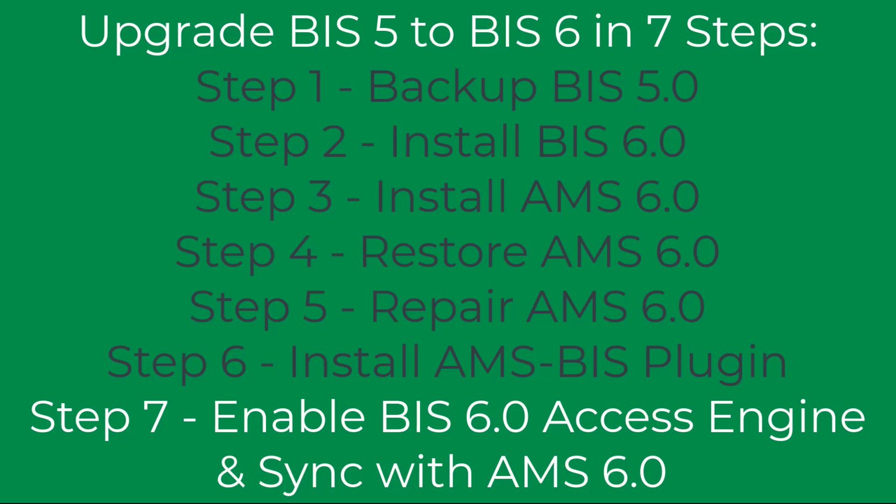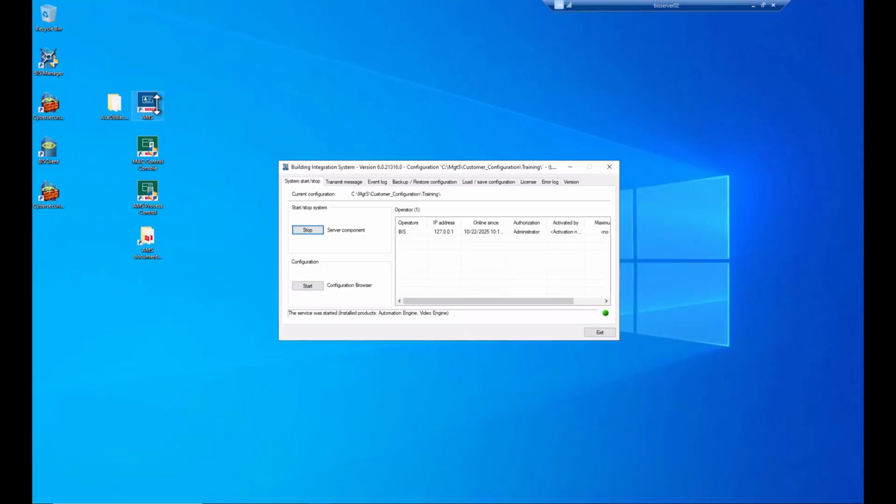Step 7. Enable the access engine in BIS 6.0 and start sync with AMS 6.0. Let's start AMS.